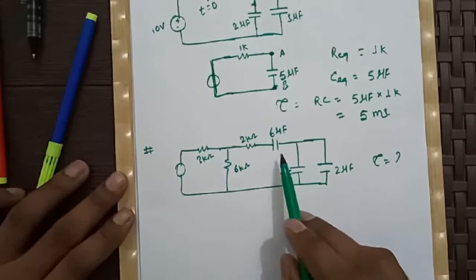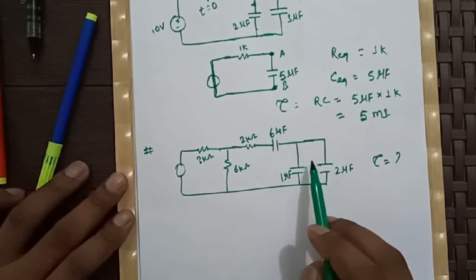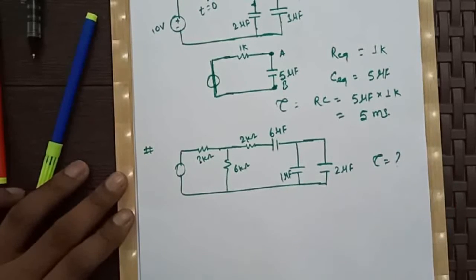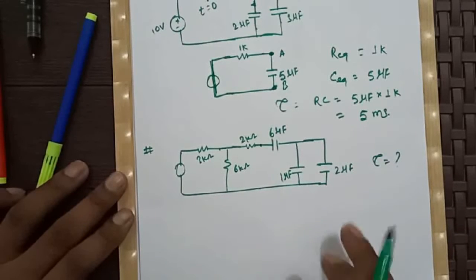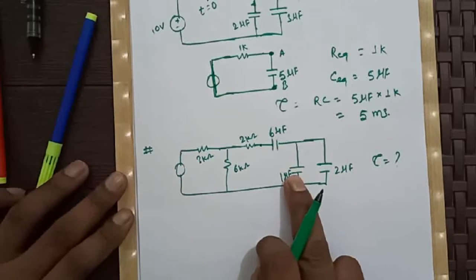Now see here, these three capacitances can also be lumped into a single capacitor. What will be the equivalent capacitance across this terminal? 2 parallel to 1 means 3.